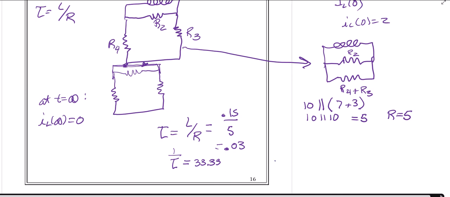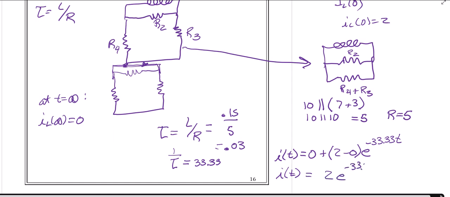So I of t equals I at infinity, which was 0, plus I at 0, which is 2, minus 0, times e to the minus 1 over tau, which is 33.33 t, or I of t equals 2e to the minus 33.33t.